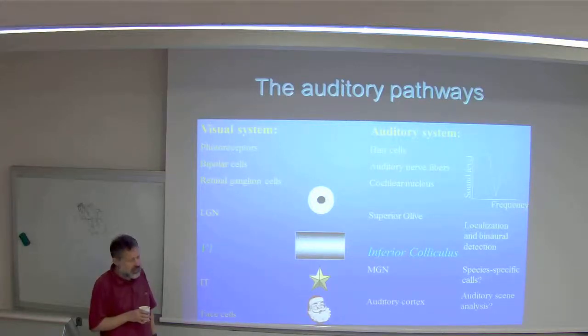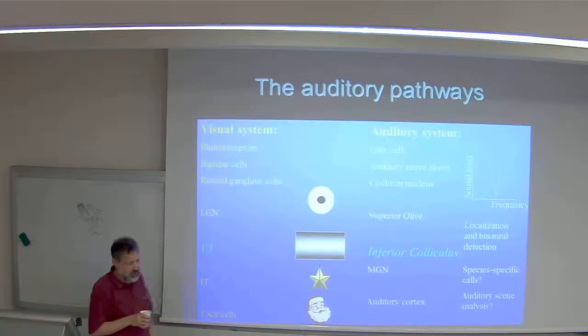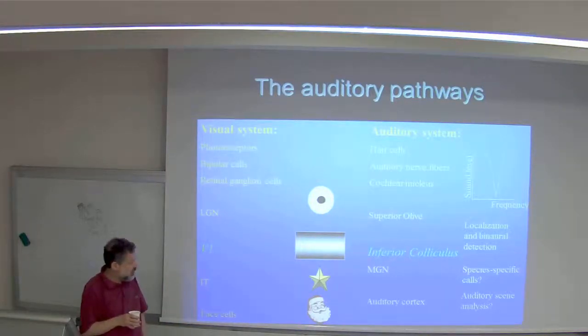And to a large extent, functionally, in the auditory system, the inferior colliculus serves the same role. It has multiple parameter maps, and the space map in the external IC is one example, but people describe a number of parameter maps that overlay each other.